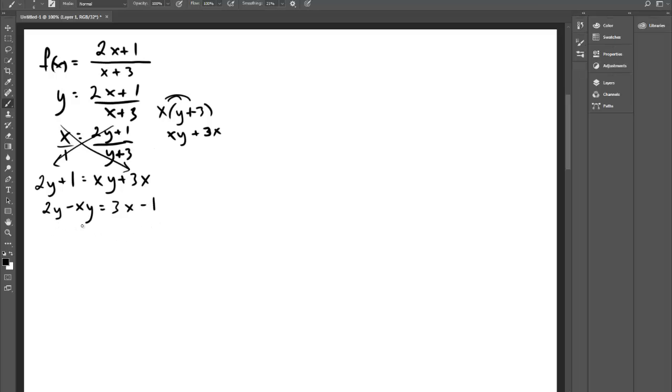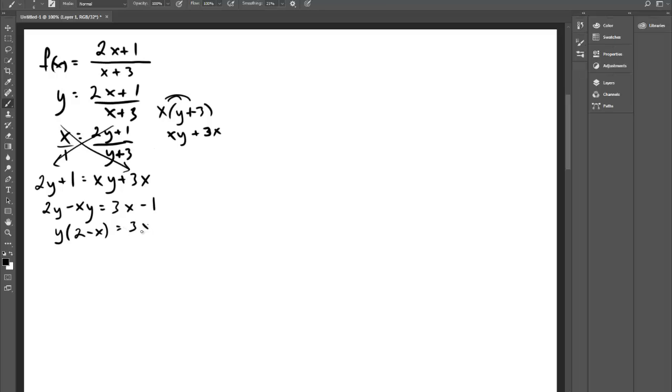All right, then we factor out a y. We need to get y by itself, so we factor out the y, and that would be 2 minus x. Now, if I reordered that, it would be negative x plus 2, and that would be okay. I'm just going to go ahead and leave the leading term at 2. It's fine.